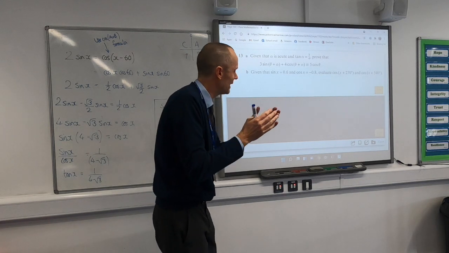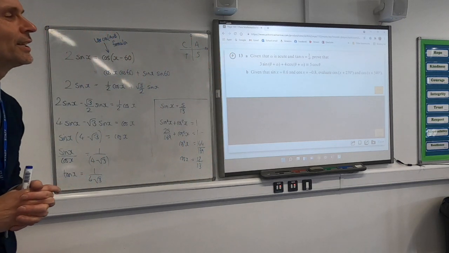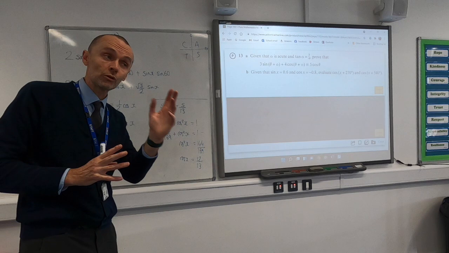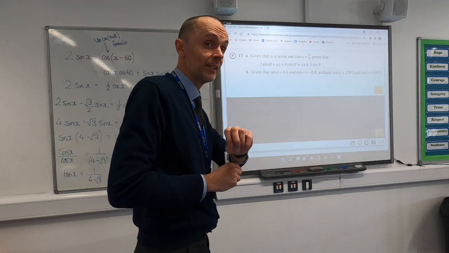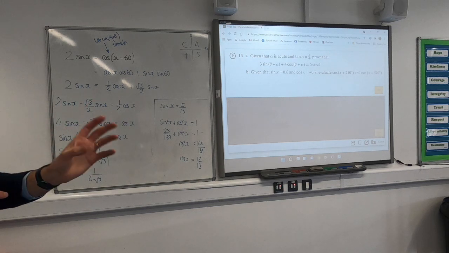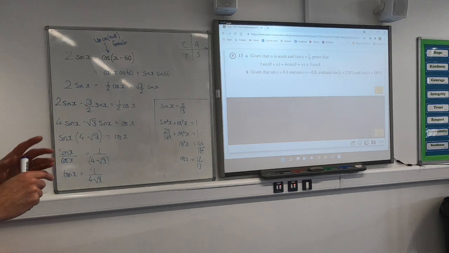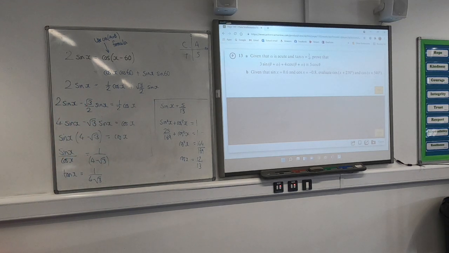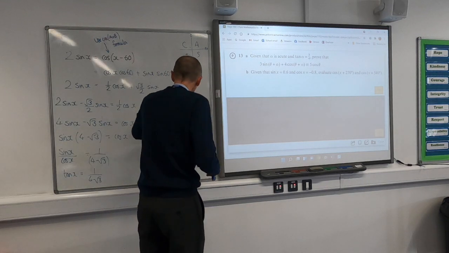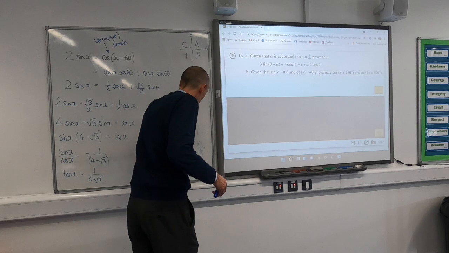So I need a technique here for working out what sine and cos are if I know what tan is. Now, there is a tricky way of doing it using the reciprocal identity. We use the cot-cosec reciprocal identity. But there's an easy way of doing it if we know that the angle is acute. If I know the angle is acute, it could be an angle in a right angled triangle.